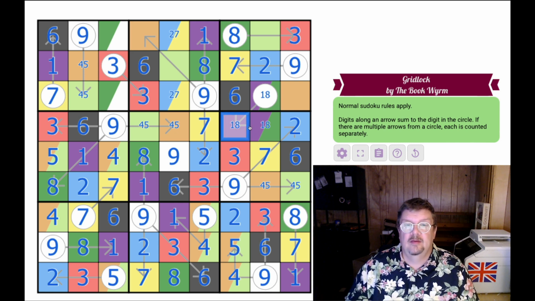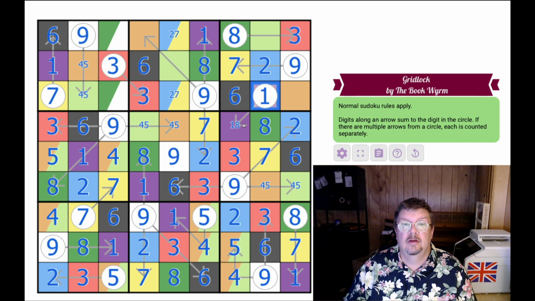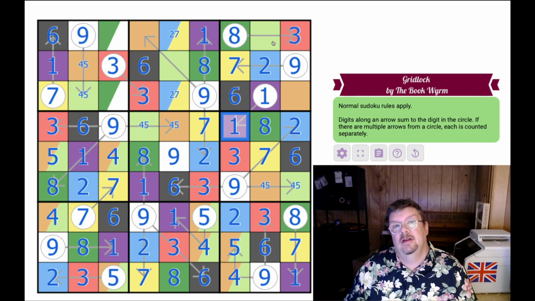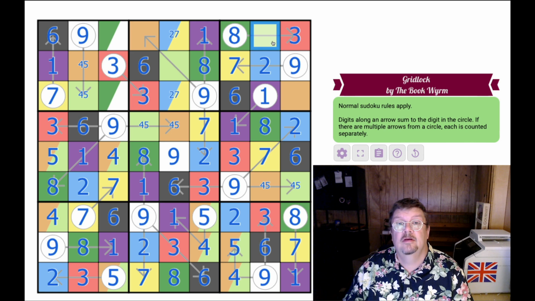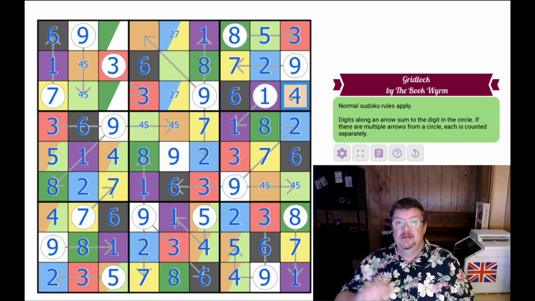That's purple. That's purple. That's green. So that's 8. That's 1. That's 1. And 8 subtract 3 gives 5. And I think that means we now know all of the digits.